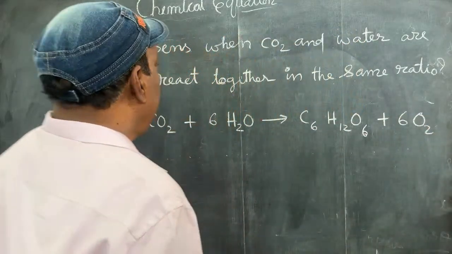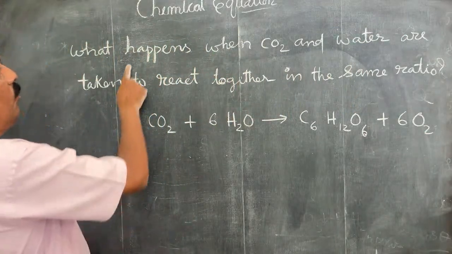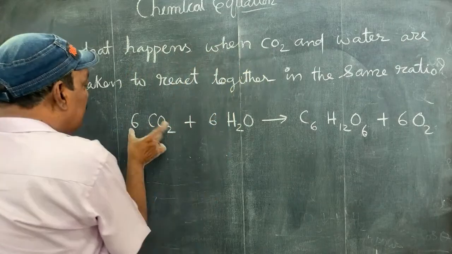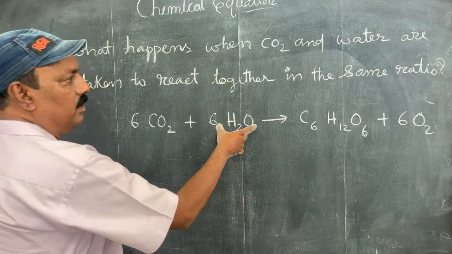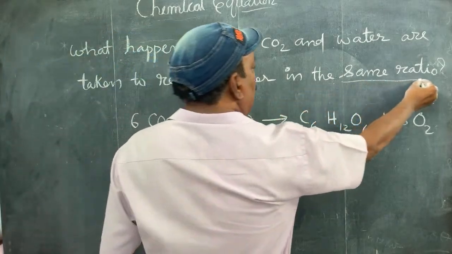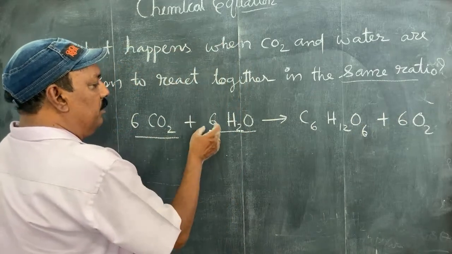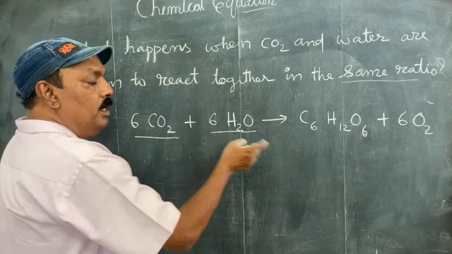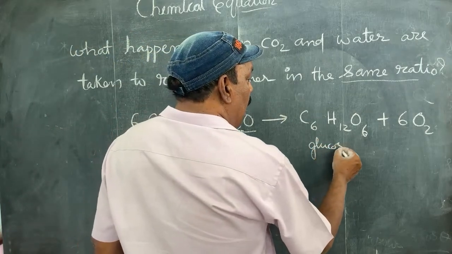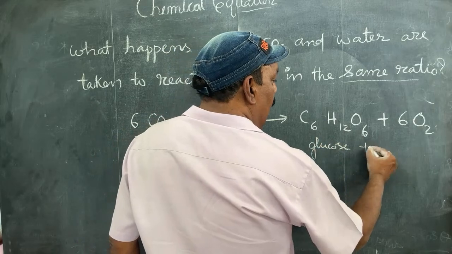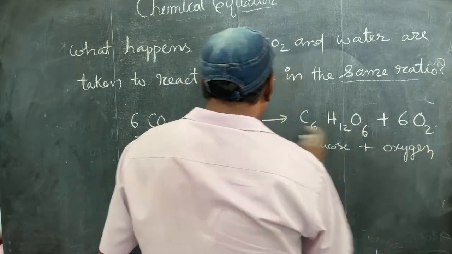Here the question is very simple, but it's a very important equation. What happens when 6 molecules of carbon dioxide and 6 molecules of water, the same ratio, are taken? The result is glucose and oxygen.